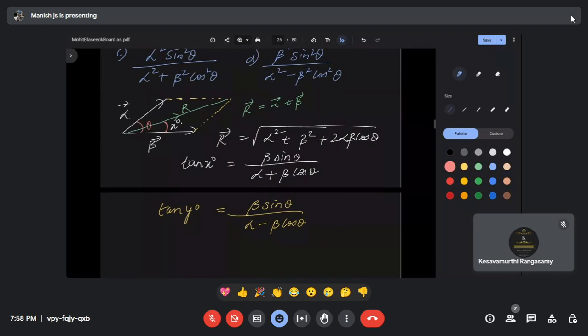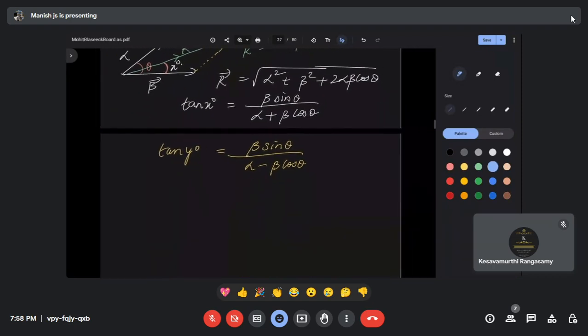So once you have got this, can you tell me what is tan x plus tan y? Simplify. Tan x degrees plus tan y degrees, what will it be? You just need to substitute and simplify. Can anybody tell me the answer? Because you have the values in front of you. One minute, sir.